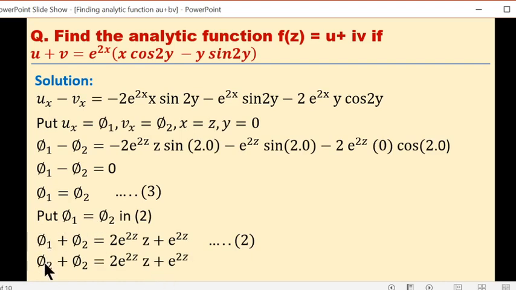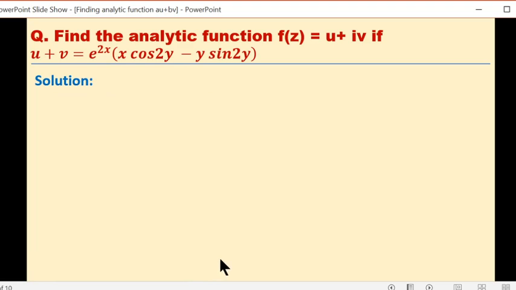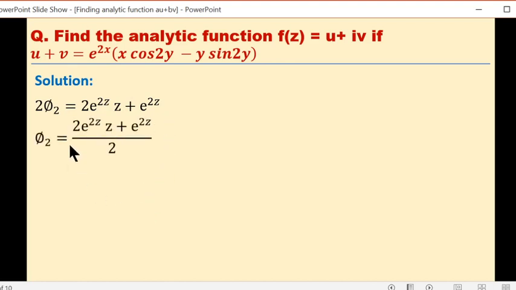तो phi 1 के जगह पे phi 2 डाला तो we get phi 2 plus phi 2 equal to 2 e raised to 2z into z plus e raised to 2z. Okay, let's simplify this. Phi 2 plus phi 2 gives us 2 phi 2 equal to 2 e raised to 2z into z plus e raised to 2z. Now from this we get phi 2 equal to 2 e raised to 2z into z plus e raised to 2z upon 2.